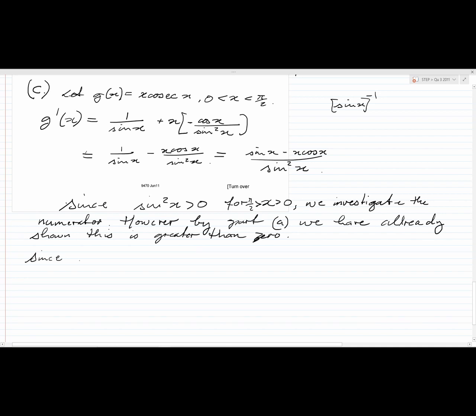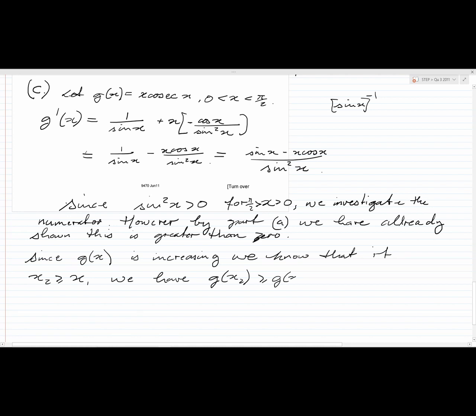Since g of x is increasing, we know that if x2 is greater or equal to x1, we have g of x2 is greater or equal to g of x1.